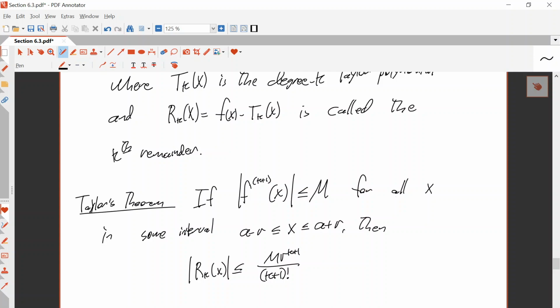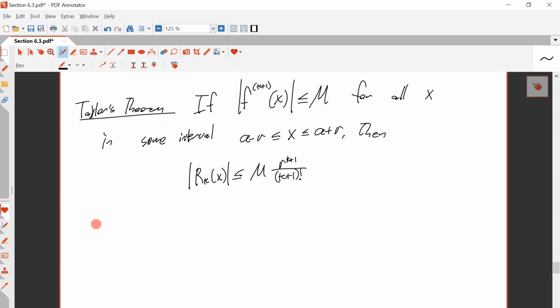M and r are constants, k plus 1 is the variable here. Actually, let me write it like this. So that's Taylor's theorem.